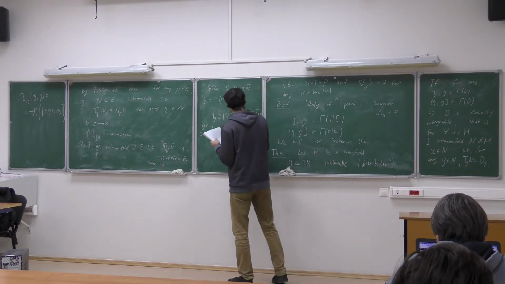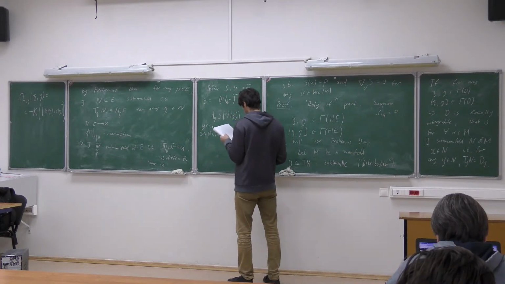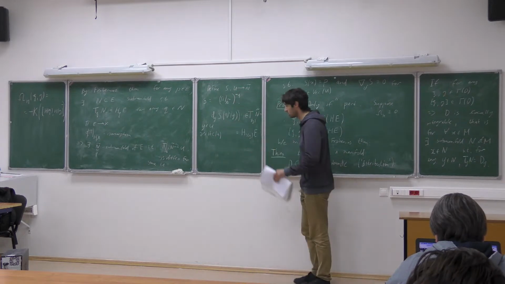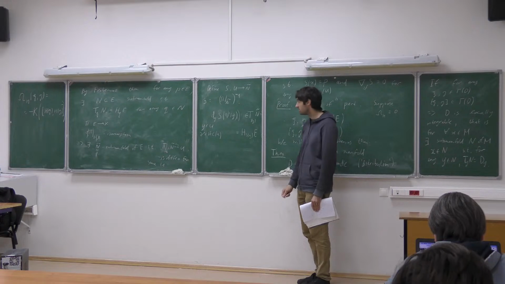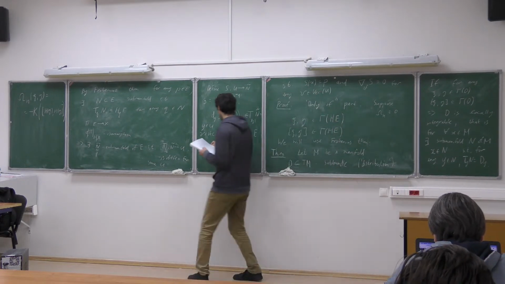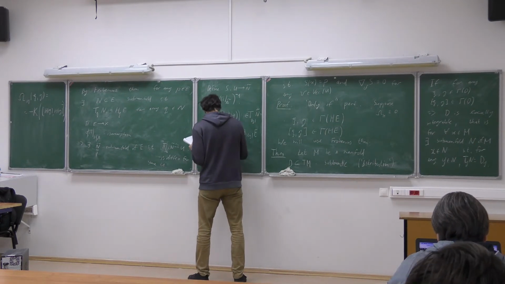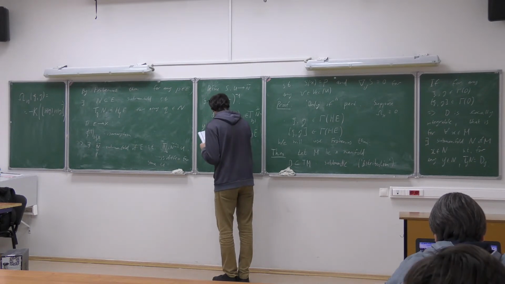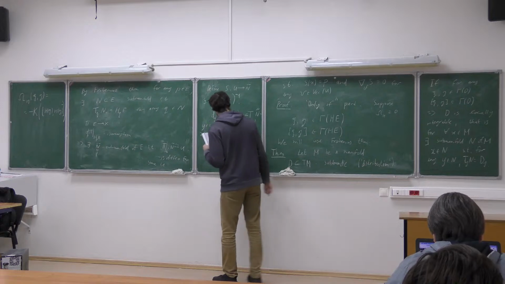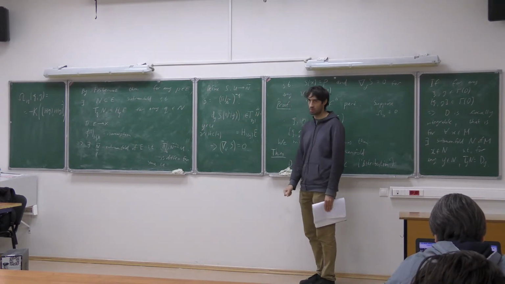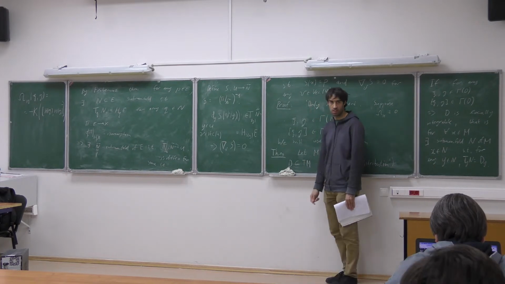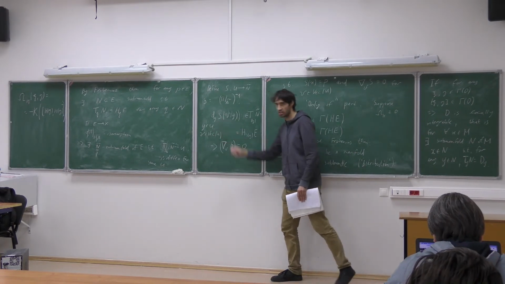But this thing is the same as the fiber of the horizontal bundle. And so therefore the covariant derivative of S is 0, because it really measures the projection to the vertical bundle of this thing.